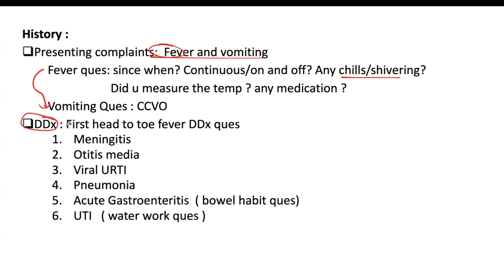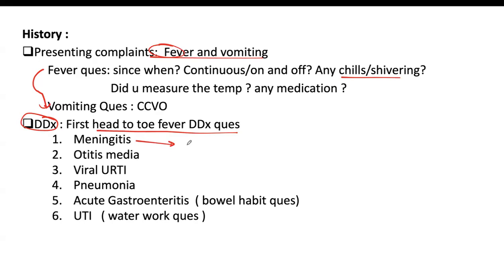Your differential should start with the head to toe fever differential diagnosis questions. You will ask from head to toe all the infection related questions. For meningitis, we ask any rash, and we already asked about fever. It depends on the child's age. You can also ask, does he complain of any headache?